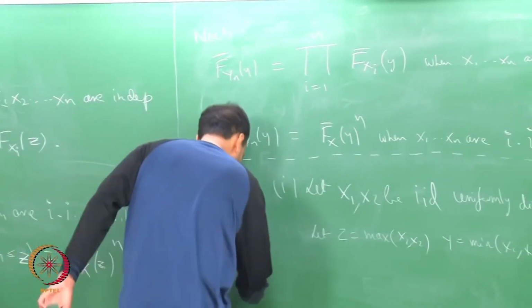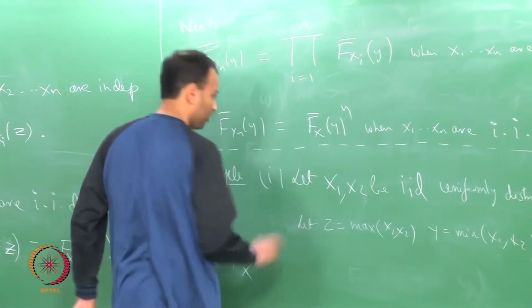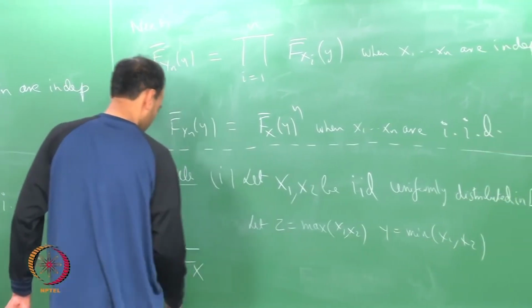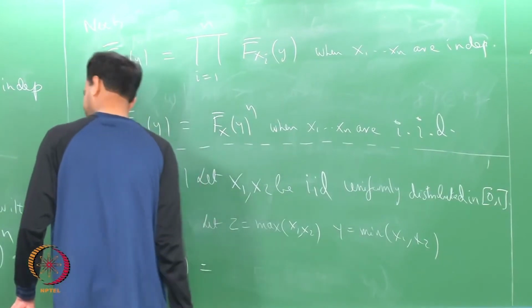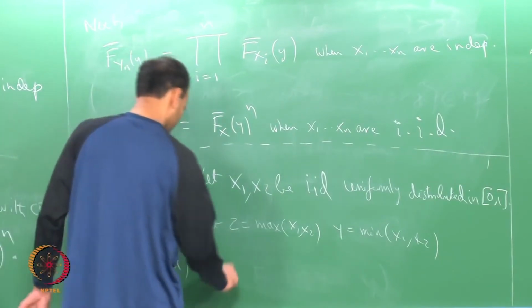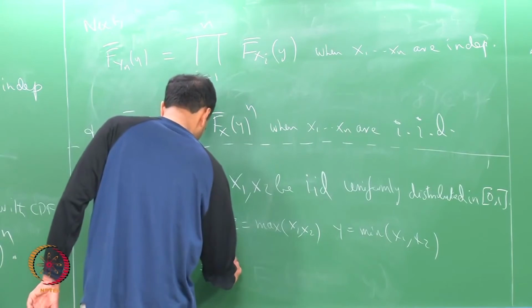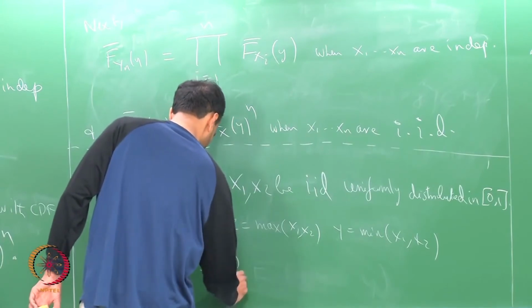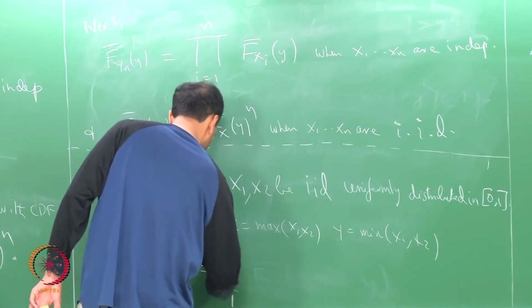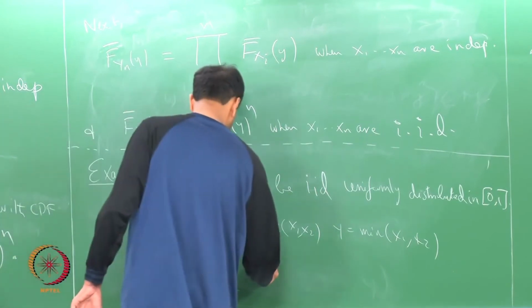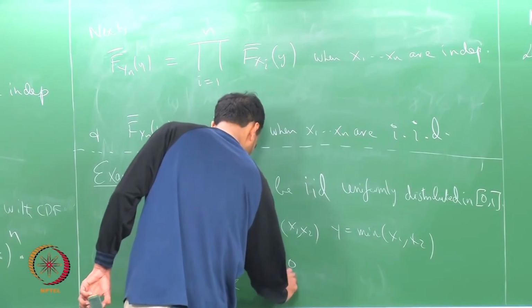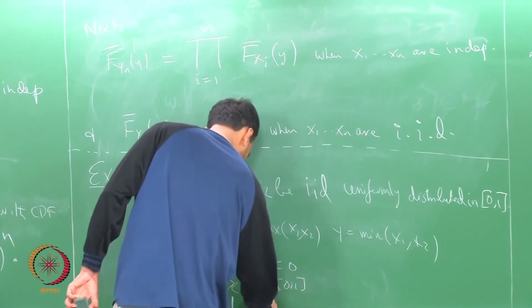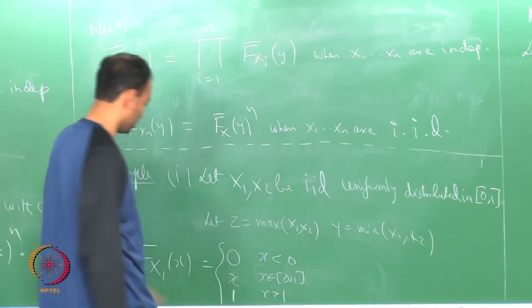Let us actually verify this with our formula that we just derived here. So, what is F x? F x 1 of x will be 0, x or 1 depending on whether x is less than 0, x is in 0 1, or x is greater than 1. This is our CDF.